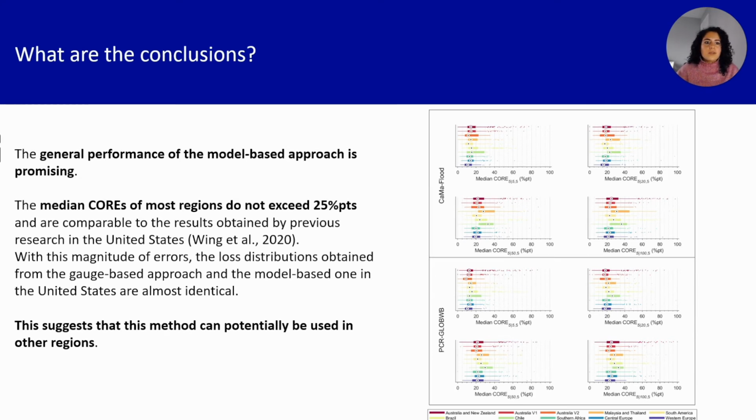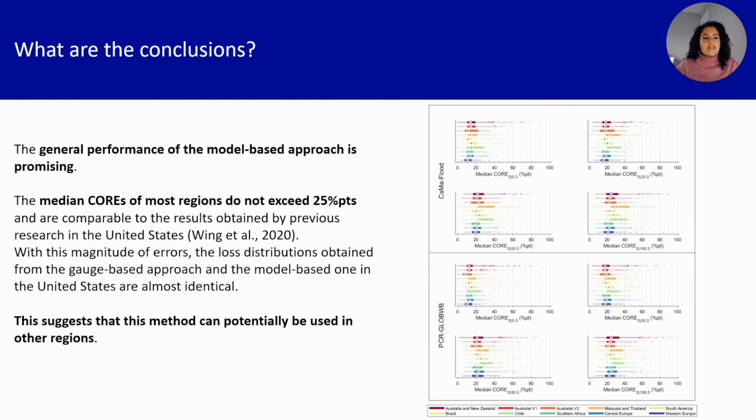The conclusion that we can draw from this is that the general performance of the model-based approach is promising in most of the areas tested so far. The median co-occurrence errors in most regions do not exceed 25 percentage points, which is a value that is comparable to the results obtained by previous research carried out in the United States, here at Fathom by Oliver Wing, in which errors were around 20%.